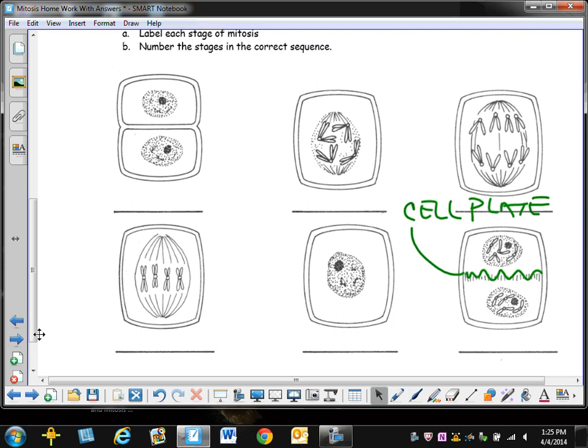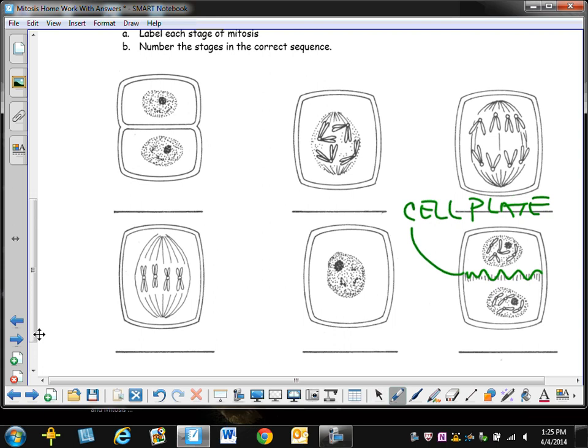And I may ask you a question, why do plants have a cell plate and animals do not? And you better be able to tell me, because the cell wall is so hard and stiff. It can't go through telophase and cleavage and pinch off. What it does is it forms from the inside out.